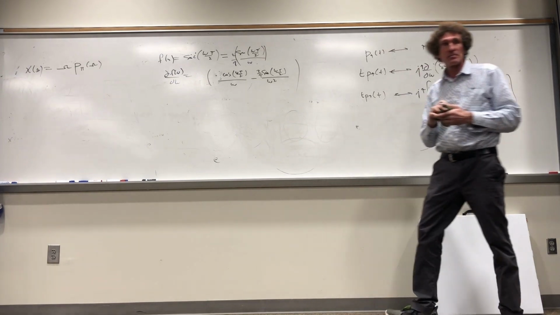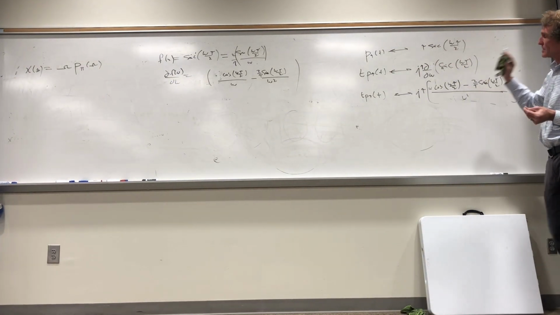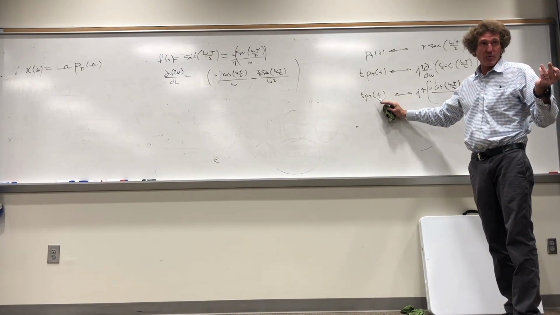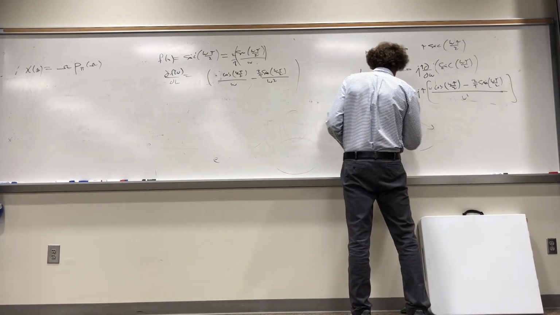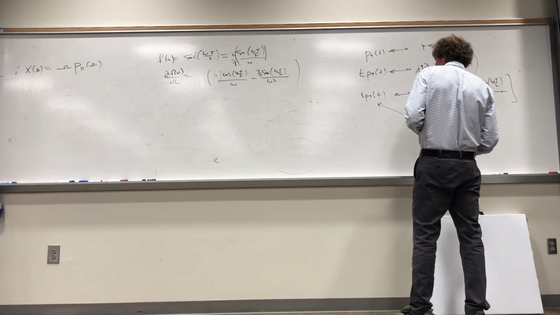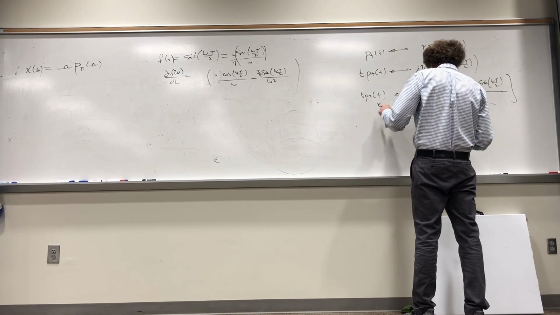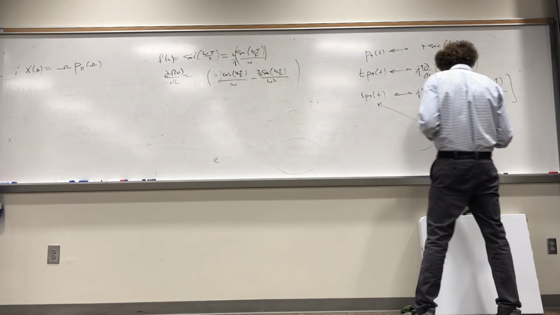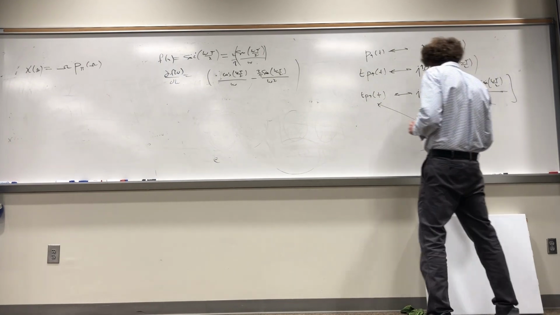Do you agree, class? Now, we're going to use duality. I think most people know where I'm going with this. Duality says that if I take this function over here, and I multiply it by 2 pi, and then instead of t, it's minus omega, and then it's going to be times p tau of minus omega. This is the basis of duality.